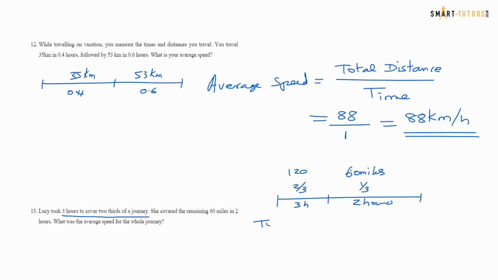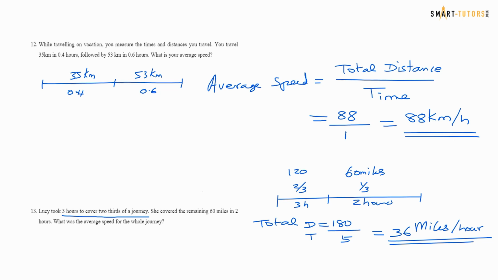So total distance D equals 180. In total the time taken is 5 hours. So 36 miles in an hour. So that is the speed of Lucy's motion.